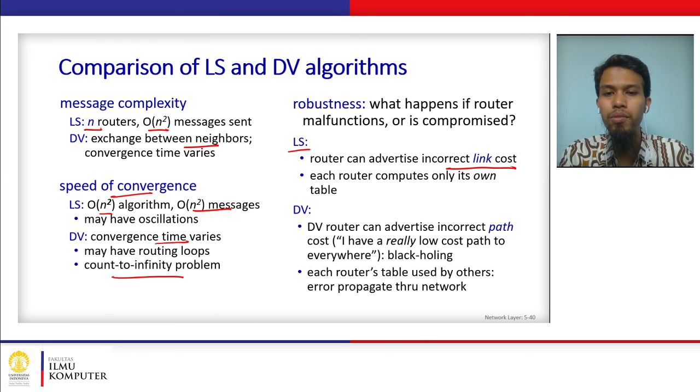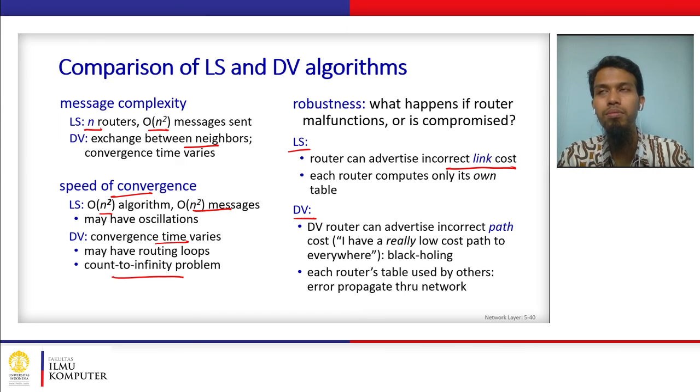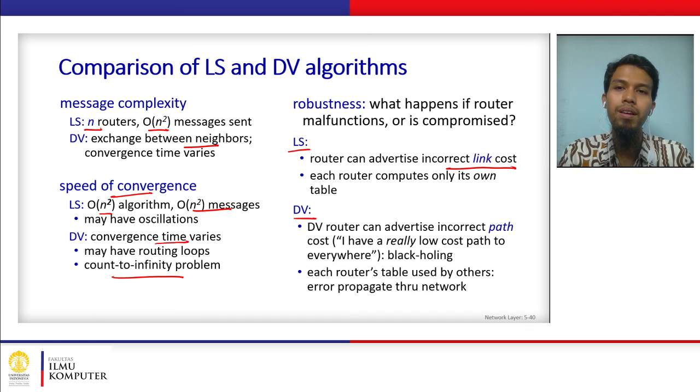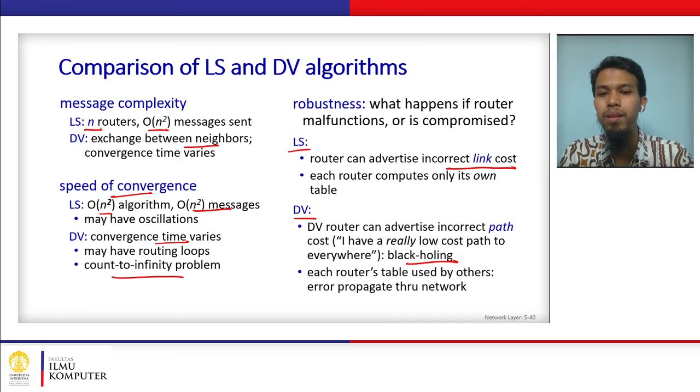As for distance vector, a router can advertise an incorrect path cost. As we have seen before, in the case of a link cost change from good to bad, this is called black holing. And each router's table is used by others, so if there is one error in one router, this error will be propagated through the network.